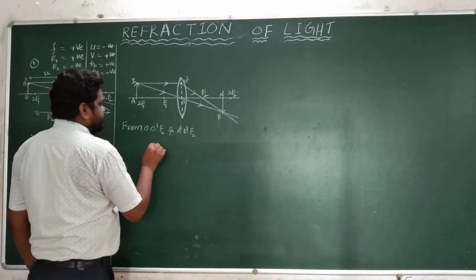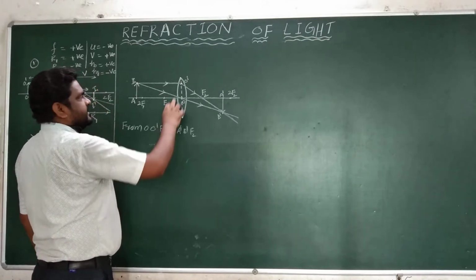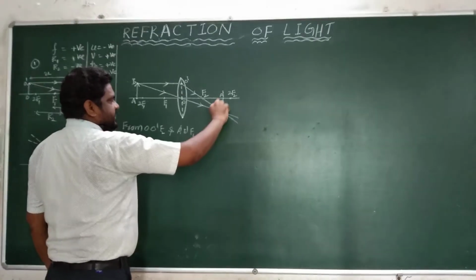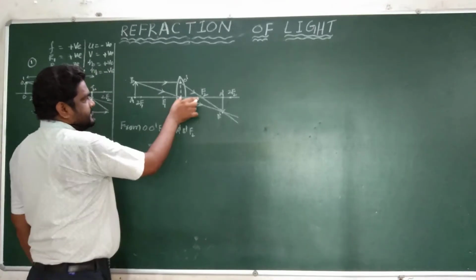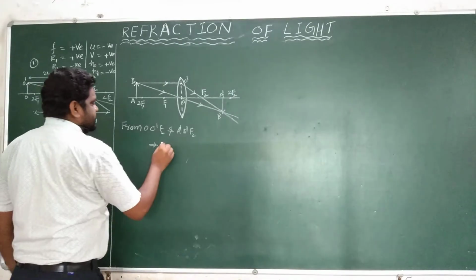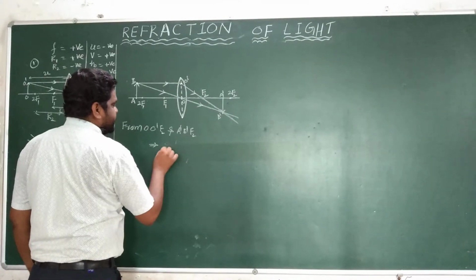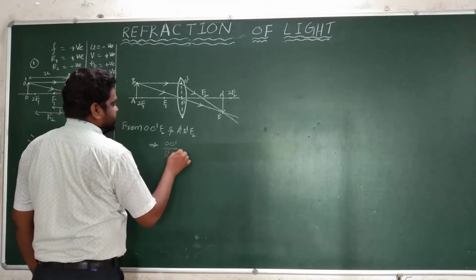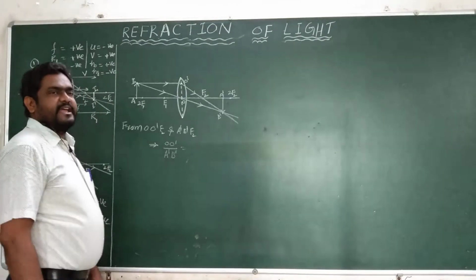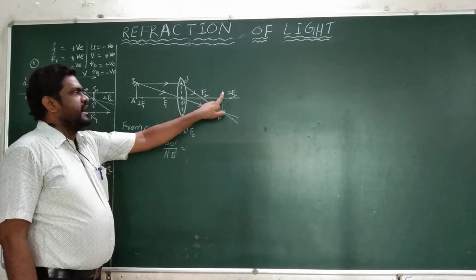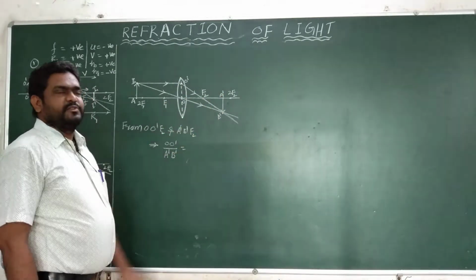That's why here we have to write from these. This is the base of this triangle, this is the base of this triangle, this is the height of this triangle, this is the height of this triangle. So we have to write O dash divided by A dash B dash, according to similar triangle properties from these two triangles O dash F2 and A dash B dash F2.